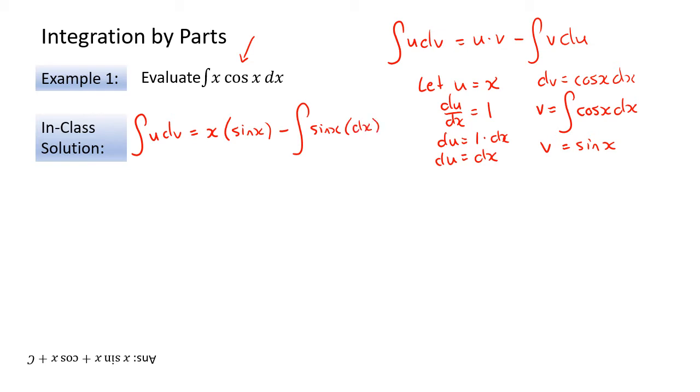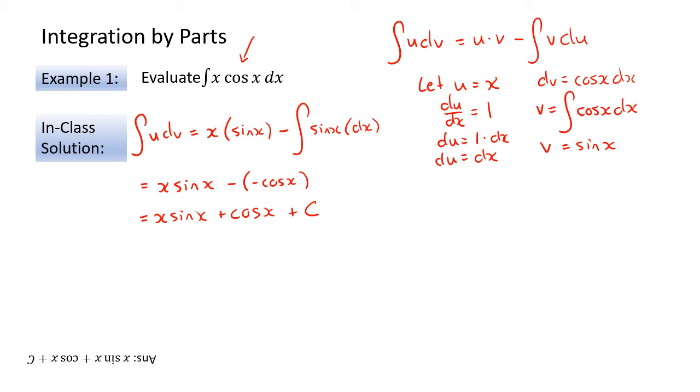So now we just have one more integral to do, and it's the integral of sine x dx. We still have x sine of x minus, and we know the integral of sine x is negative cosine of x. So we're left with x sine of x, and we have two negatives here, so that becomes plus cosine of x. And at the end, we will add our constant.